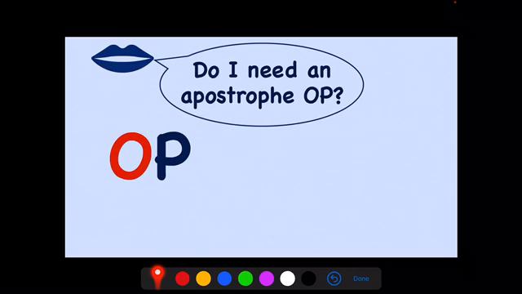Now, do I need an apostrophe? Well, first of all, we'll be thinking about omission. What do I need to omit or leave out of the words did and not if we wanted to write didn't?